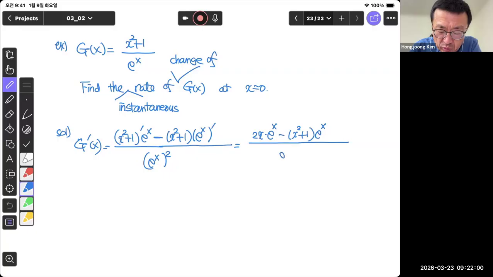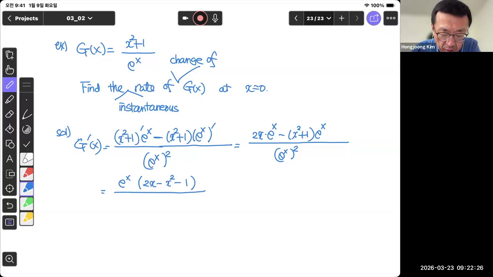And then e to the x squared is in the denominator. So in the numerator, if I write e to the x as a common term, the remaining terms are 2x minus x squared minus 1.